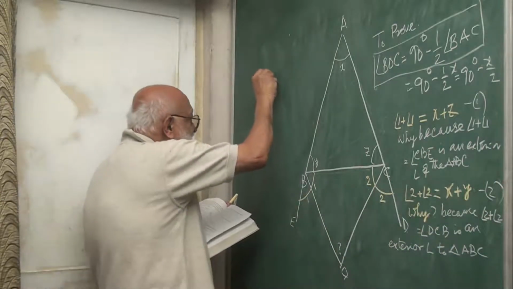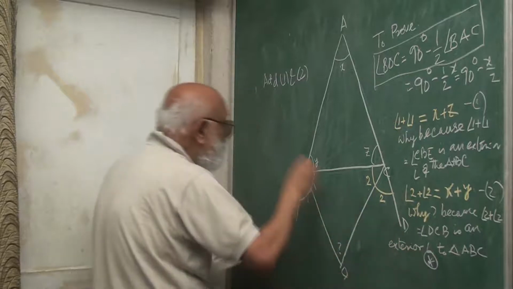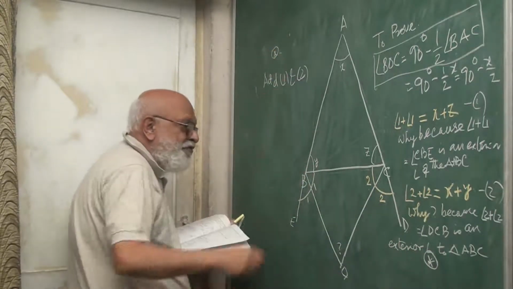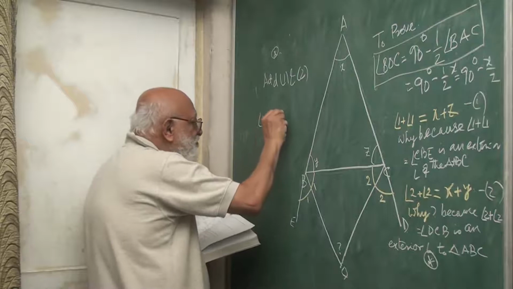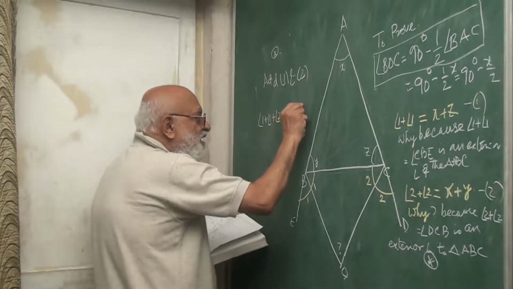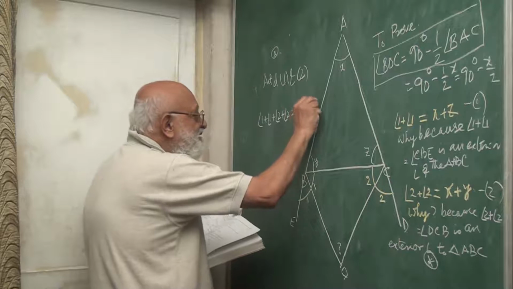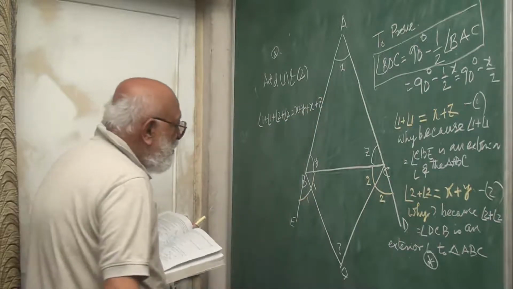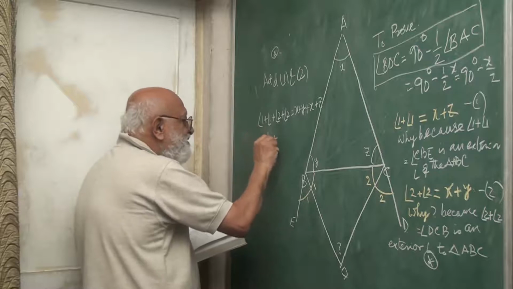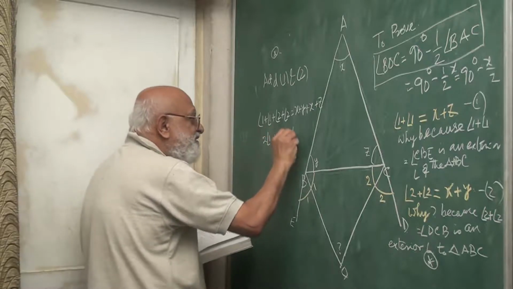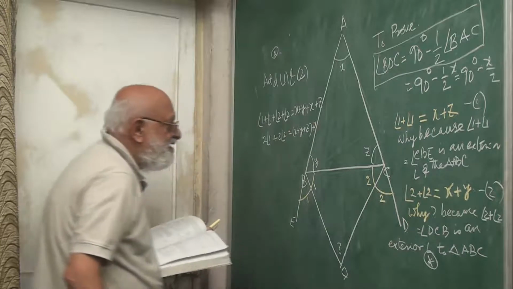Add 1 and 2. So if I add up, it becomes angle 1 plus angle 1 plus angle 2 plus angle 2 is equal to X plus Y plus X plus Z. So now I can write 2 into angle 1 plus 2 into angle 2, and this is X plus Y plus Z plus X. No problem?